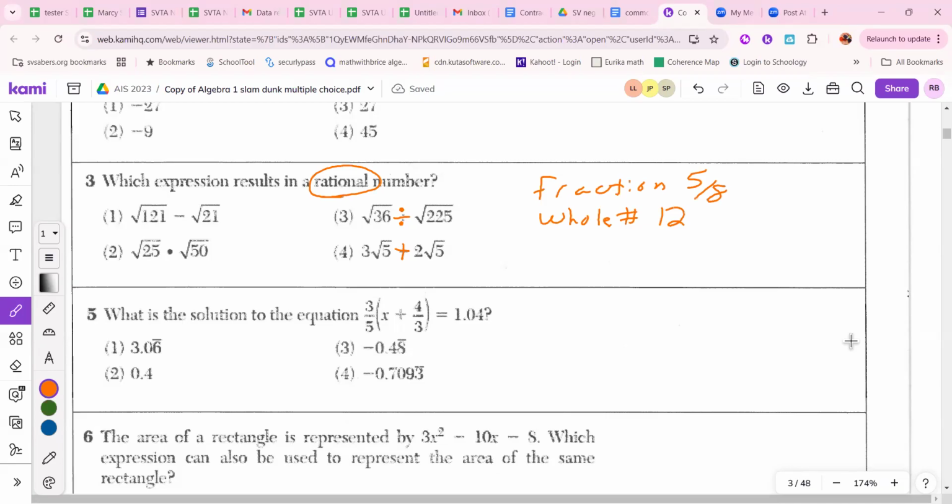It can be a mixed number, 2 and 5/8, or it can be a decimal that repeats, 3.5858, and so on. It can be a decimal that stops, 7.9.